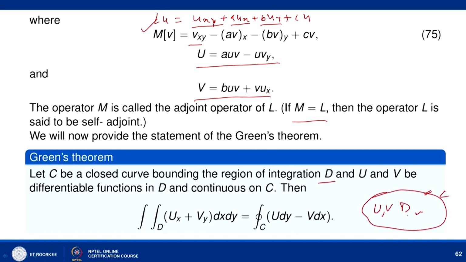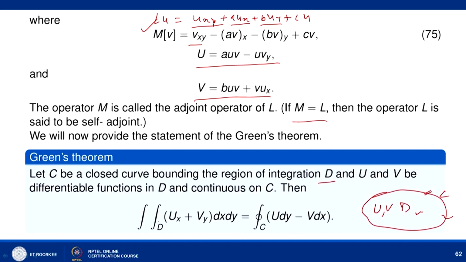So here your area integration is now reduced to line integration. So this is the power of Green's theorem. So here you can write the double integral of (ux plus vy) dx dy taken on the region D, which is now converted into the line integral of u dy minus v dx, and this is the orientation, that it is clockwise here.